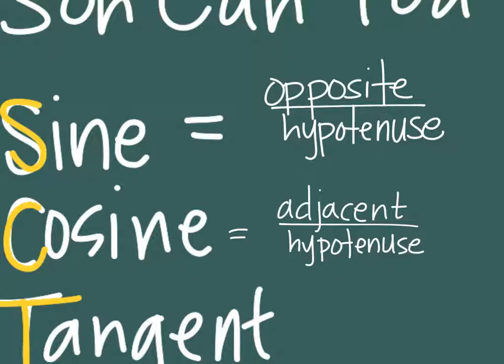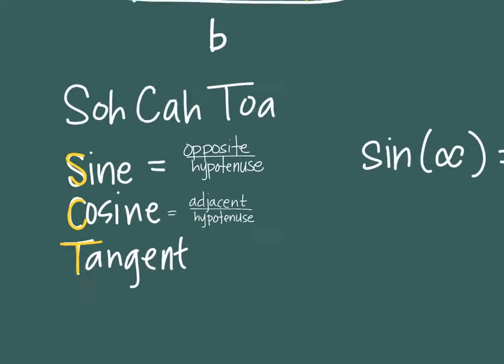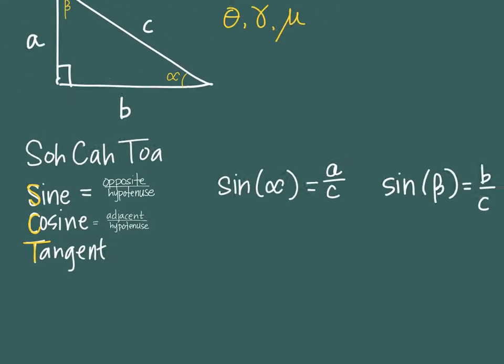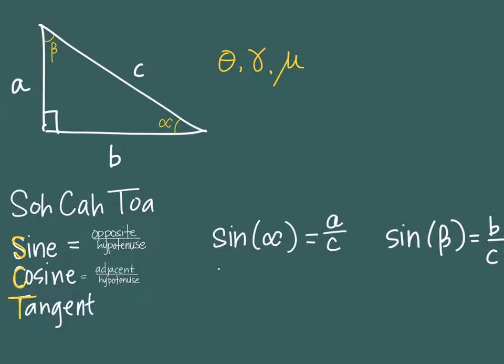So the word adjacent tells us to look at the side that's next to it. So if we say, according to my picture, what is cosine alpha? Then you start with what's right next to alpha. There are two things next to alpha. One of them is B, and one of them is C.